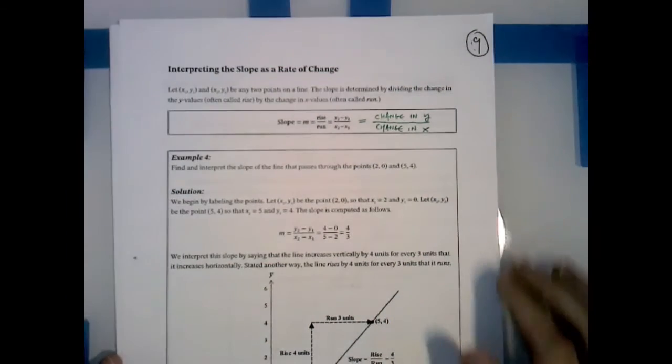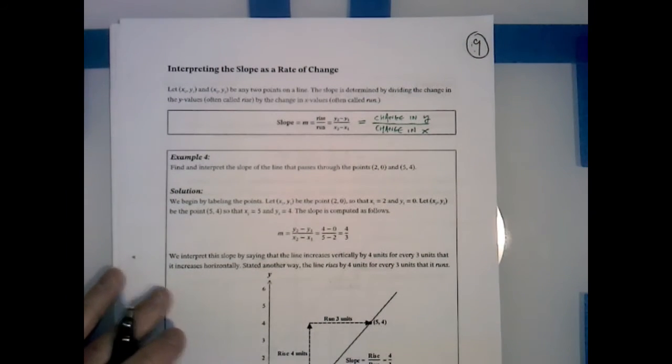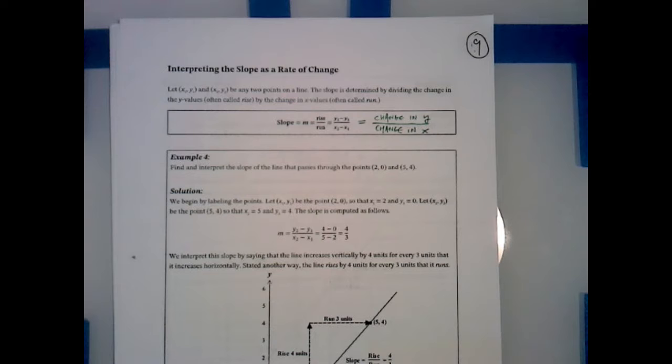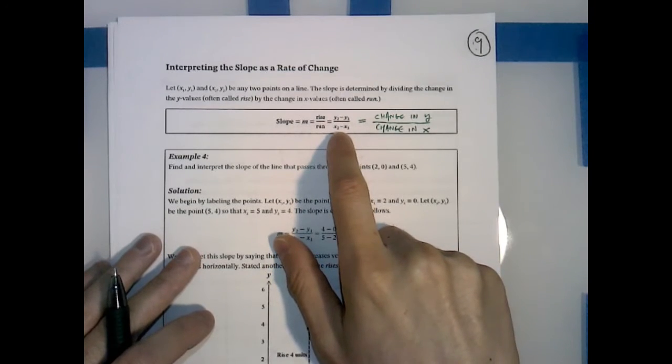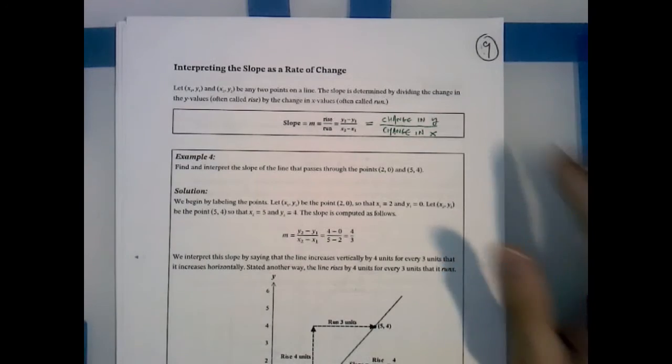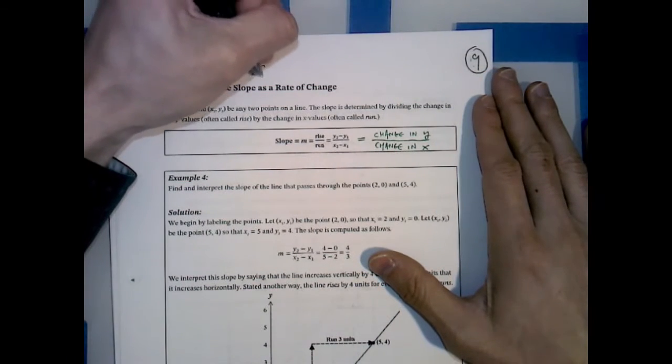In another video, I said a few words about words that mean the same thing: difference and change. This is a difference because it's subtraction, and then change. They mean the same thing.